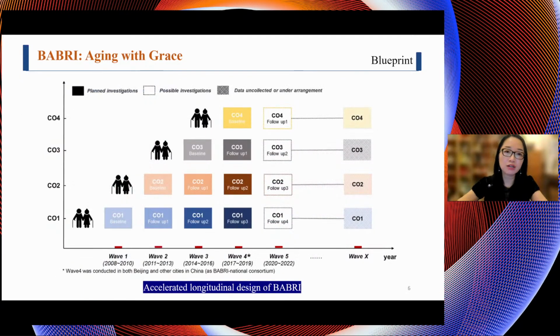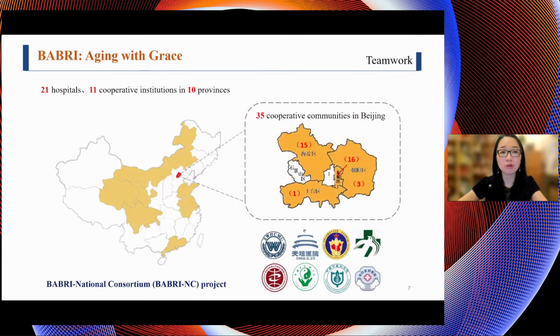In terms of our BABRI design, we have an accelerated longitudinal design. For the first 3 waves, we recruited data from the Beijing area. Since 2017, for wave 4 and wave 5, we expanded to other cities in China. We collaborated with hospitals and institutions in 10 provinces.